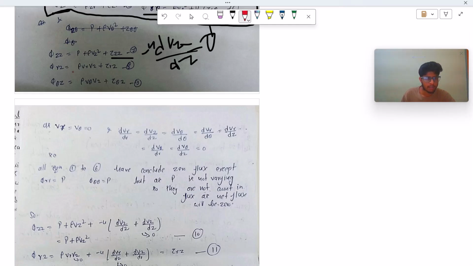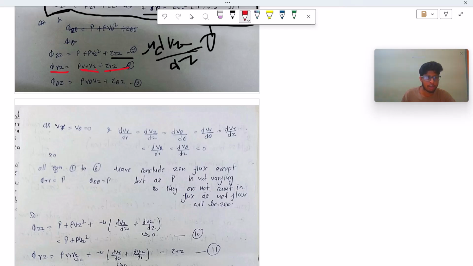Coming to the next term, phi r z, z momentum in the r direction, which we write as rho Vr Vz plus tau rz. Here Vz exists, but Vr is 0.